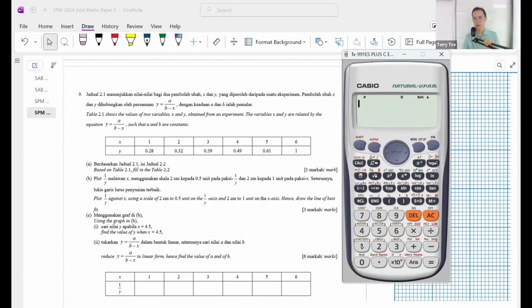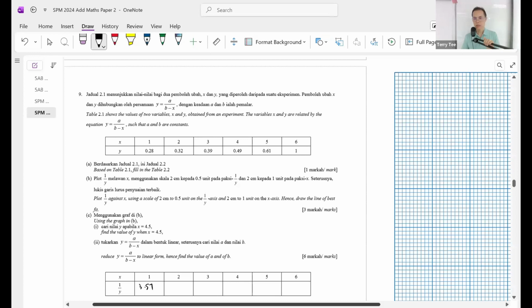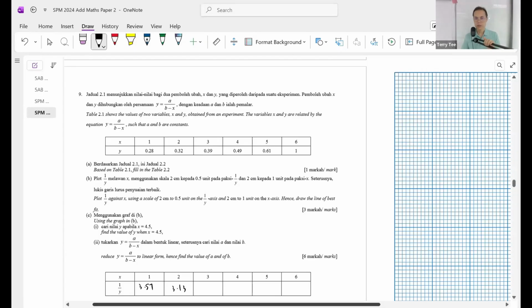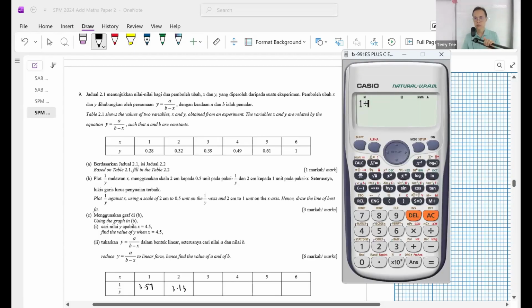So let's begin by typing 1 over 0.28. This gives us 3.57. 2 decimal places will do. Second one, 1 divided by 0.32, you get 3.13. Then 1 divided by 0.39, you should get 2.56.